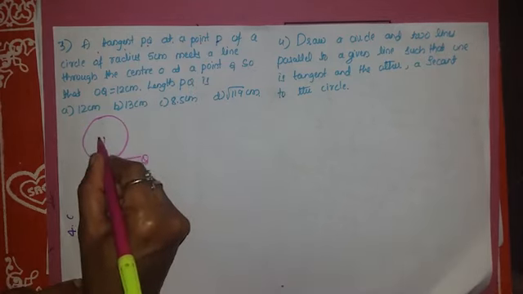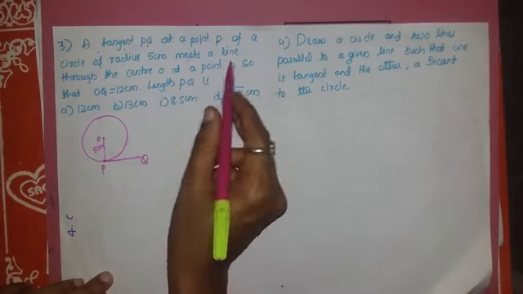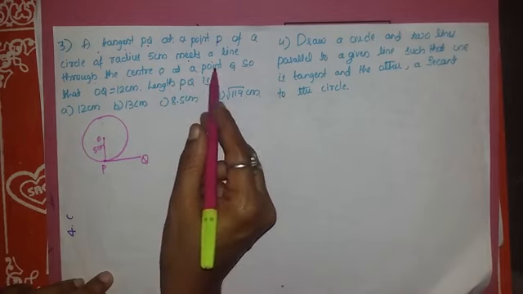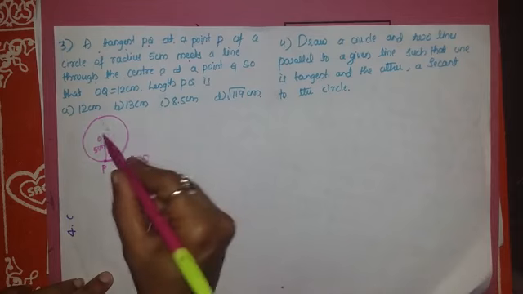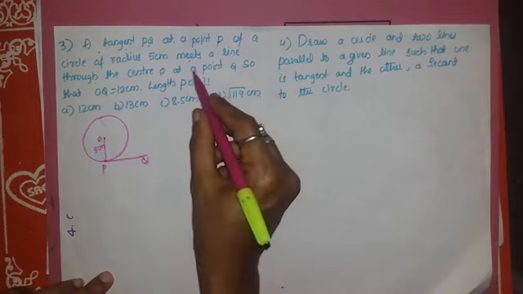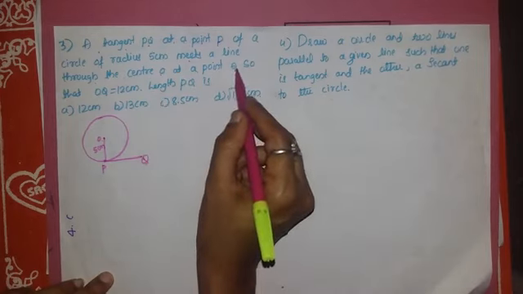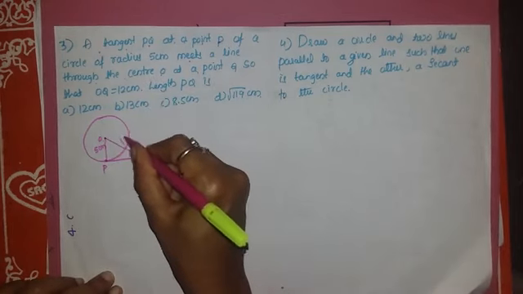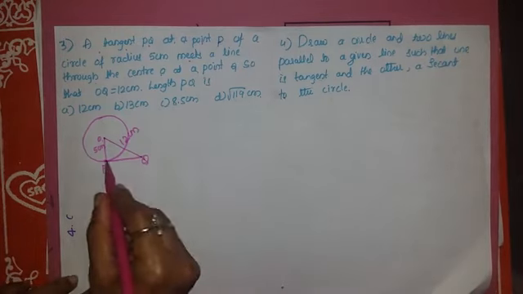Here I will draw a radius which is 5 centimeter, and the line through the center O meets the tangent at a point Q, so that OQ is 12 centimeter. Now we need to find the length of PQ.